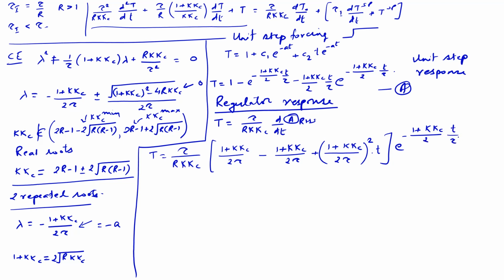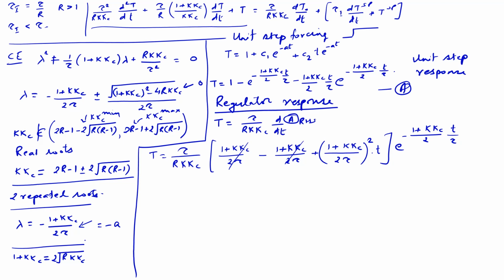So this is the regulator response, and you'll see that this and this cancel out, and because of this cancelling we get a very neat response. We will also invoke this equation right here, and if we invoke this, then 1 plus kkc whole square is actually 4r kkc.